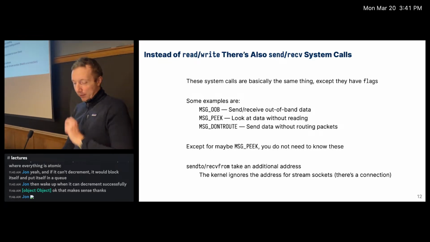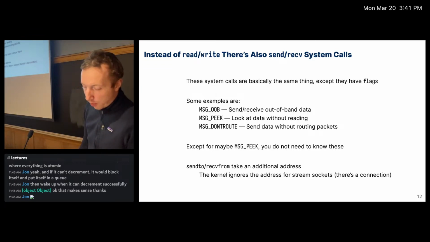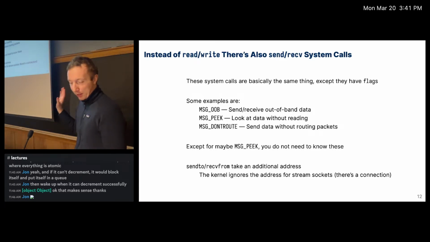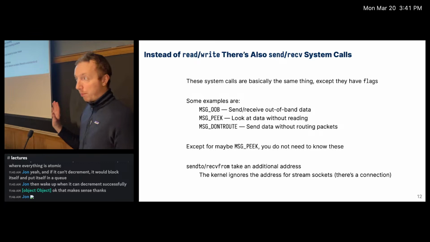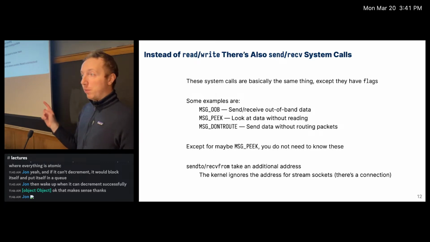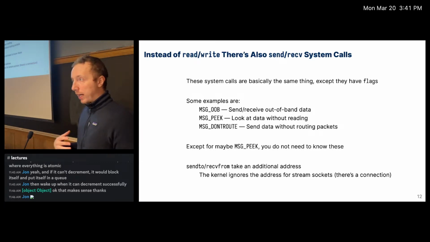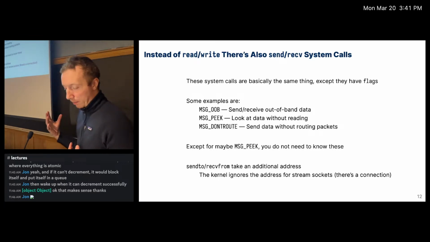Some examples are MSG_OOB, or send and receive out of band. I don't specifically know what that means, but it probably means something to networking people. There's a peek flag that essentially won't advance the read position. So it's like I want to just check what's at the beginning of this packet, or whatever I got sent during the connection, and I don't want to advance the read. I just want to look at it and then maybe forward it on to something else.